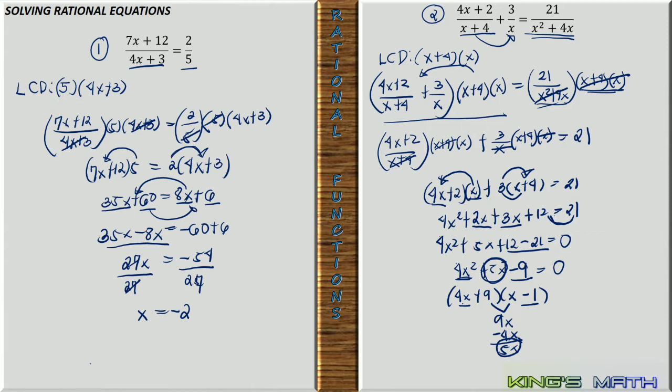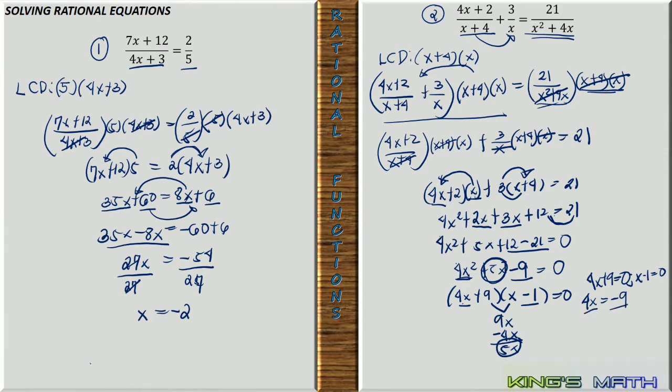After factoring, we are going to equate both factors to 0. So that will be 4x plus 9 equals 0 and x minus 1 equals 0. After equating both factors to 0, we are going to solve for the value of x in each factor. So in here, we're going to have 4x equals negative 9.